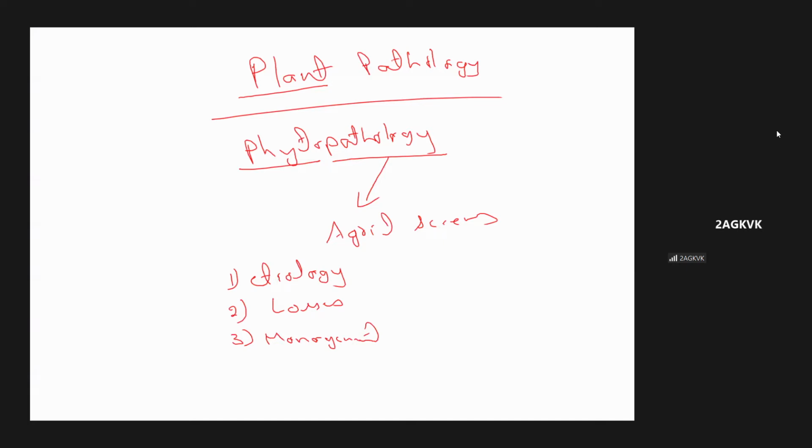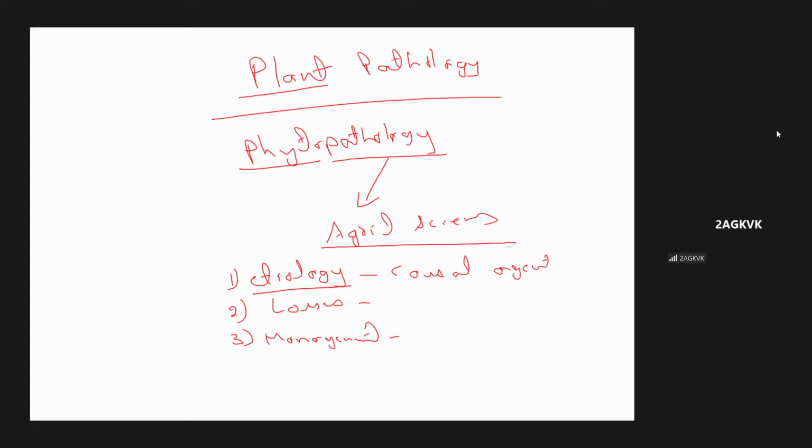In a simple way, plant pathology or phytopathology is a branch of agriculture sciences which deals with the etiology, that is the causal agent, the losses caused by that particular causal agent, and the management that we are going to follow for this particular disease.